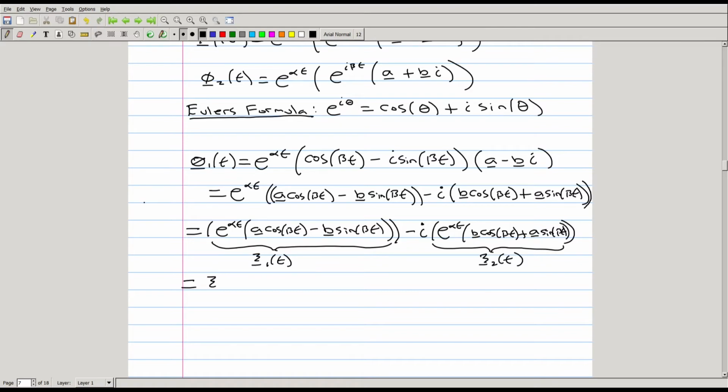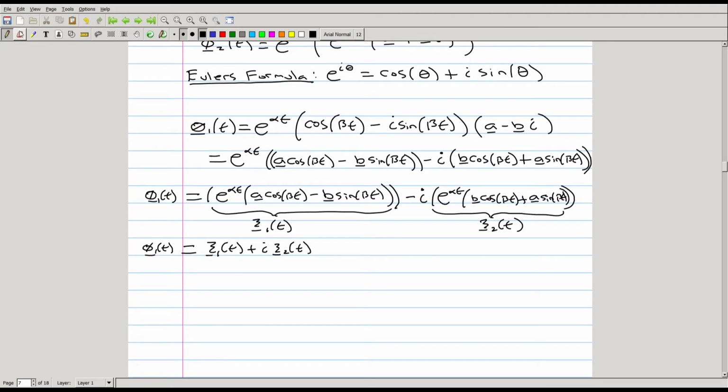So lastly, phi1 of t is equal to xi1 of t plus I times xi2 of t. Sorry, minus I times xi2 of t.